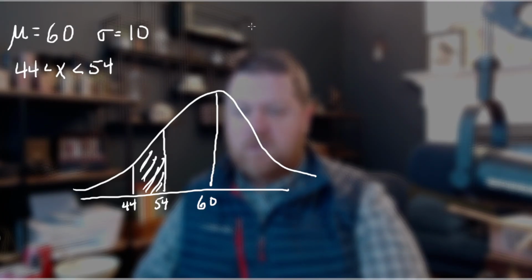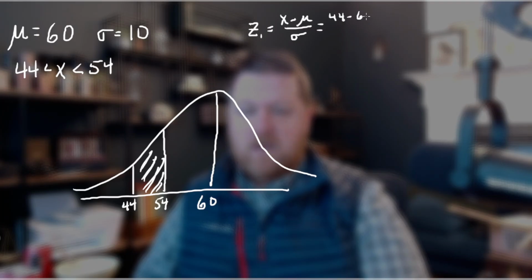So let's take our first z and say z1 is equal to, again, it's x minus mu over sigma, which in this case, we'll start with 44. It's going to be 44 minus 60 over 10, which is negative 16 over 10, which is negative 1.6. Okay. And now let's go up here and do z2.